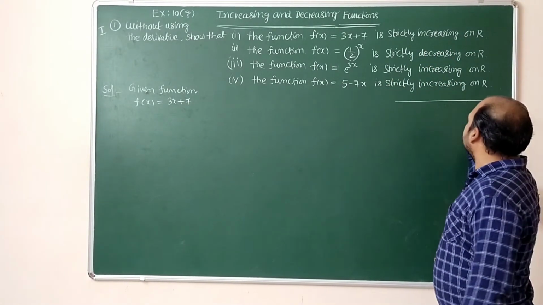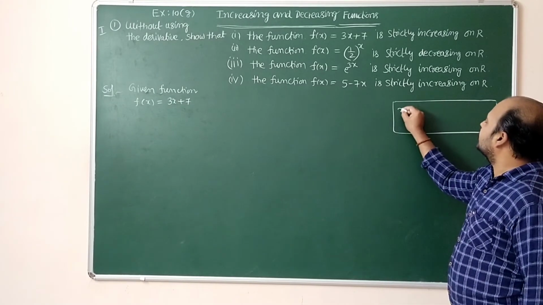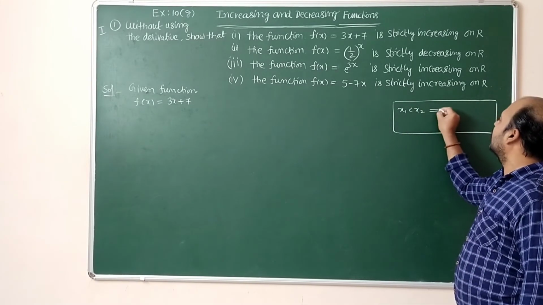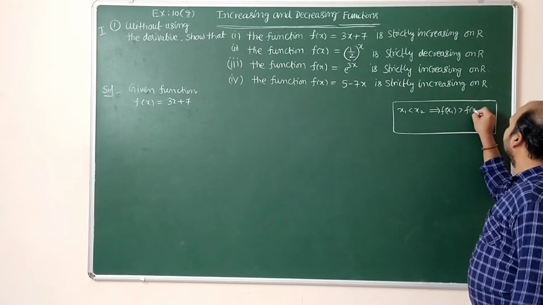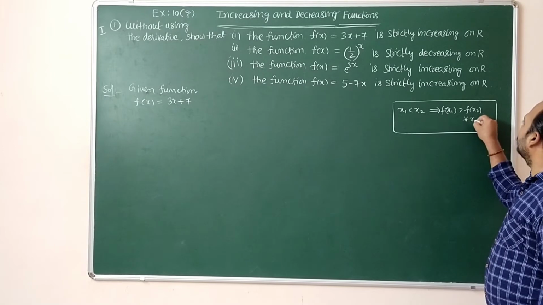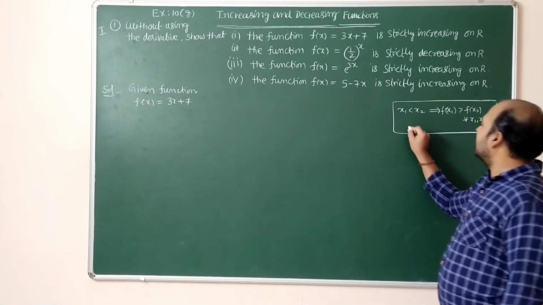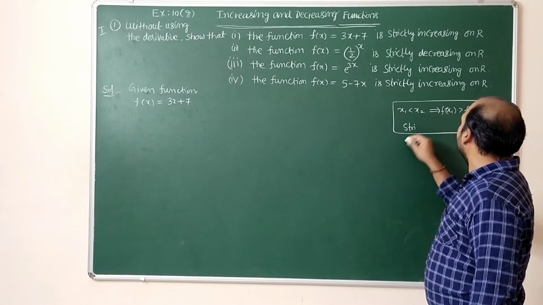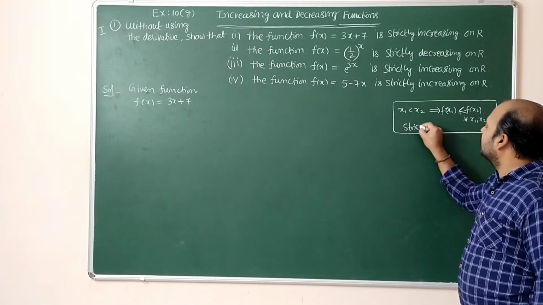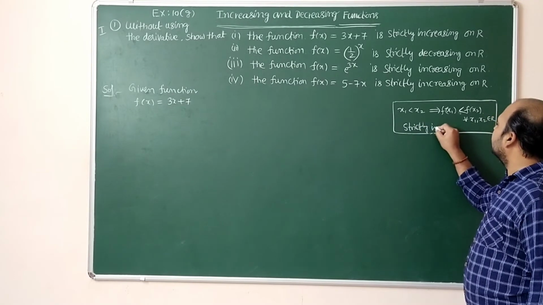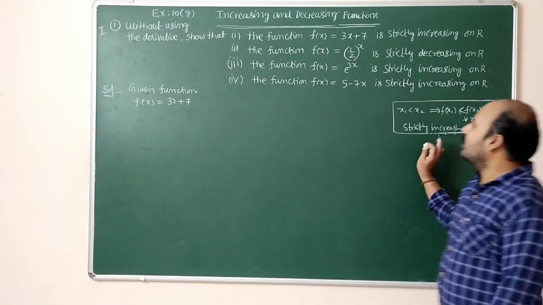Strictly increasing means, keep in mind one formula: x1 is less than x2 implies f of x1 is less than f of x2, for all x1, x2 belonging to R, real numbers. Sorry, here less than only. Strictly increasing means less than. So this formula you have to remember.